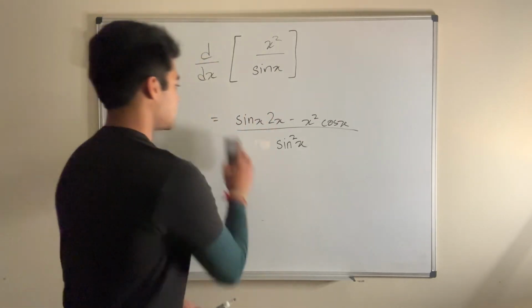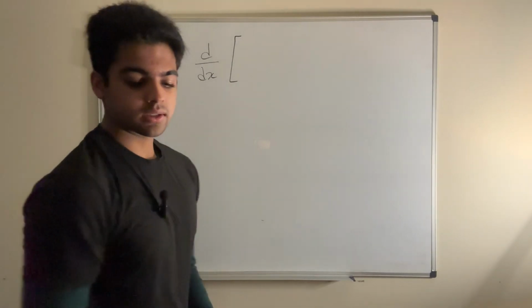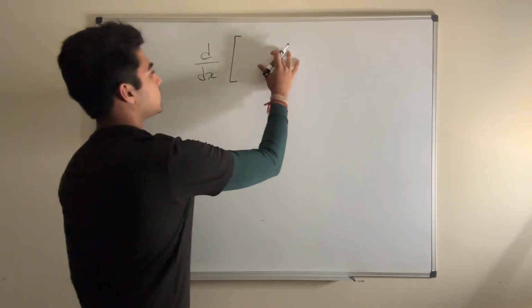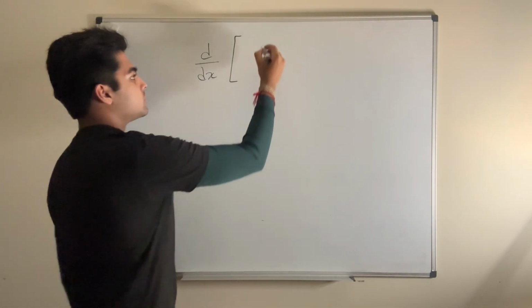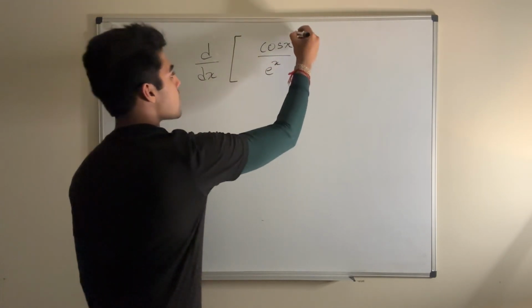Let me show you another one actually with e to the x. And the really cool thing with e to the x is that some things actually cancel out, as you'll see. So let's just do cosine x over e to the x.